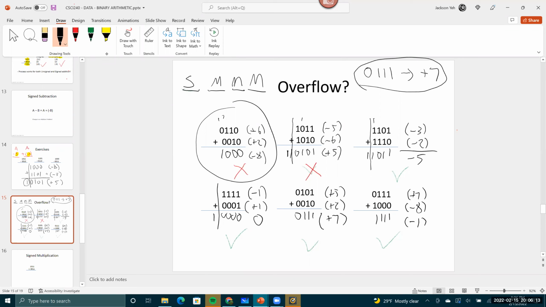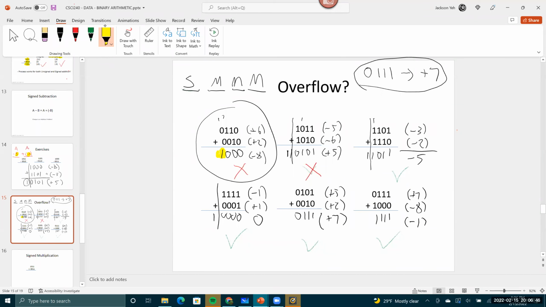So I can't represent the value positive 8 because positive 7 was the largest. So this is still technically overflow, but it's not a physical overflow because it fits in 4 bits. This is more like a logical overflow, because the leftmost bit is used as a sign. So effectively, I only have 3 bits left to represent the value, and it doesn't fit in the 3 bits that I allocated. So this is a logical overflow.